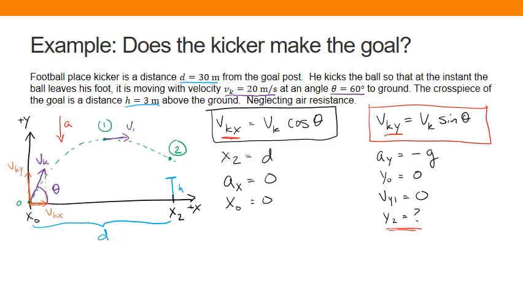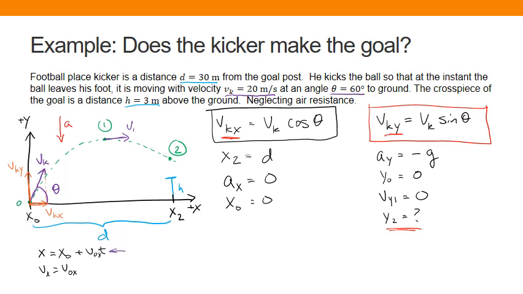Since I know the x motion, the motion in the horizontal direction, is the simplest, I'm going to start there. I have two equations. I have x equals x naught plus v naught t, and vx equals v naught x. I should remember that that's also the initial x component of the velocity.